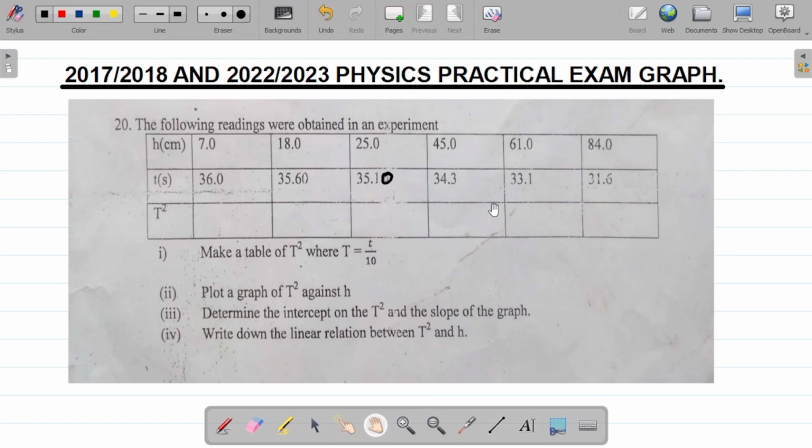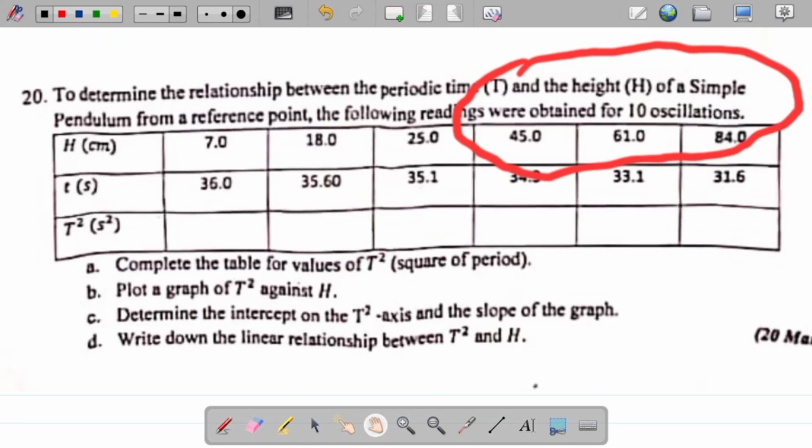So first things first, if you check the 2022-2023 section, they said make a table of T squared against h. You were not told that T is equal to t over 10. Instead, they said the time for 10 oscillations is given as this. So when they say the time for 10 oscillations, it means that T is equal to t over 10.